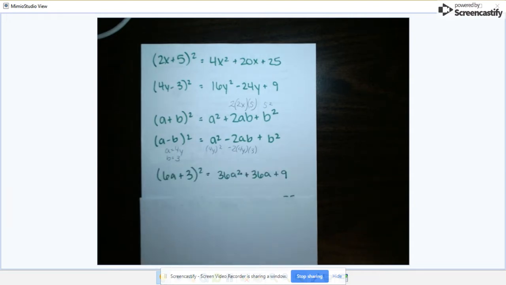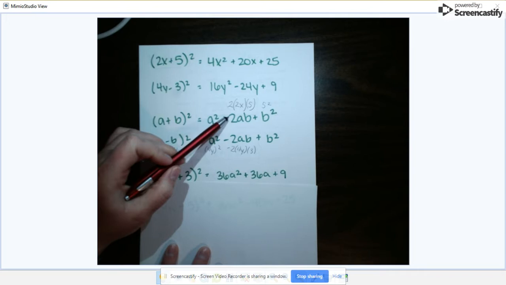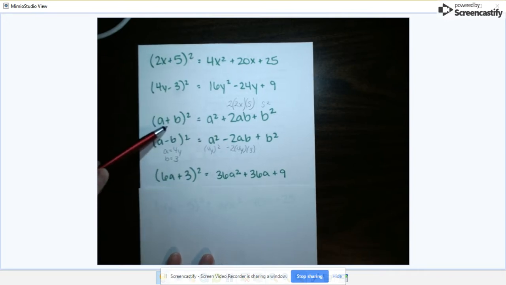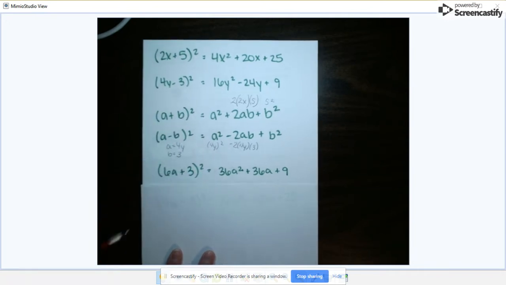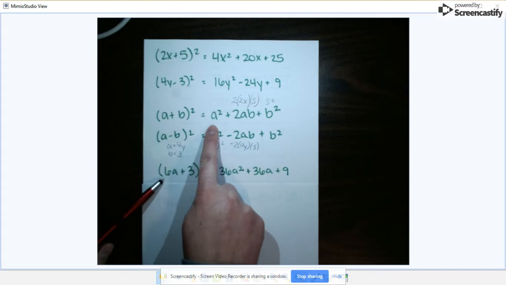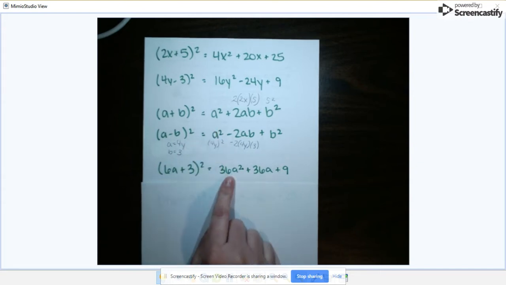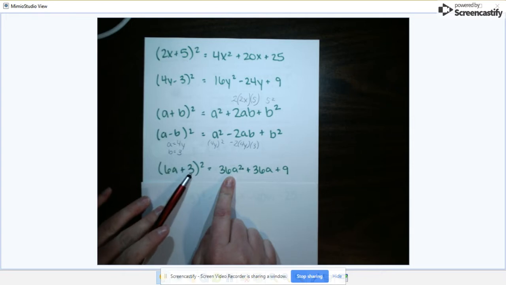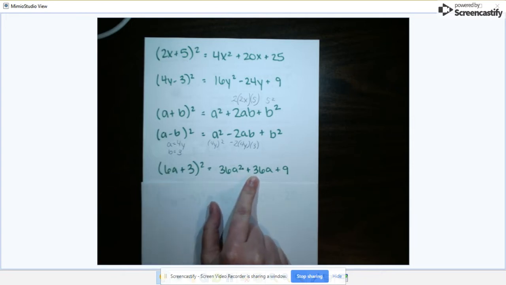Okay, so we're going to use this rule, this a plus b squared, to help us multiply 6a plus 3 squared. So our a is 6a. So a squared is 36a squared. 2 times 6a times 3 gives us 36a.